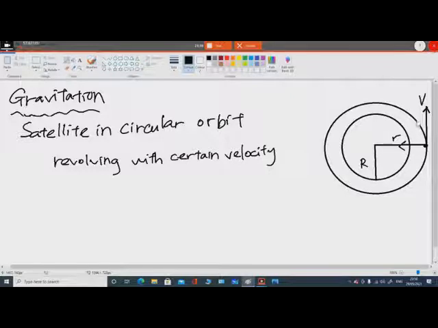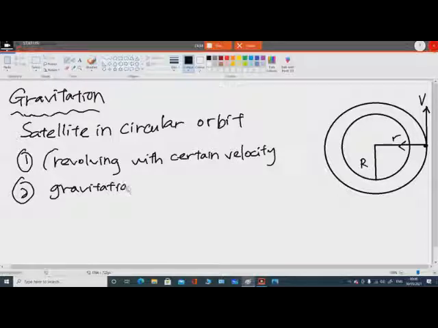This is the first point. The second point is that the only force acting on the satellite is always the gravitational force.